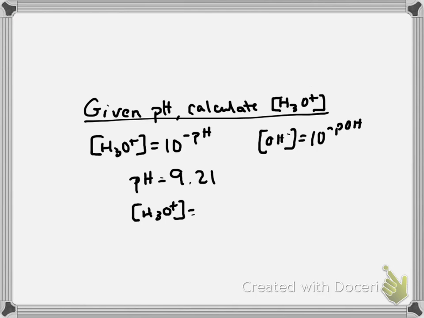So if I have a pH of 9.21, and I want to know the hydronium ion concentration, I plug this into my calculator: second log, negative 9.21. I need to figure out my sig figs. Remember, with pH, the sig figs are located after the decimal, so this one has 2 sig figs.